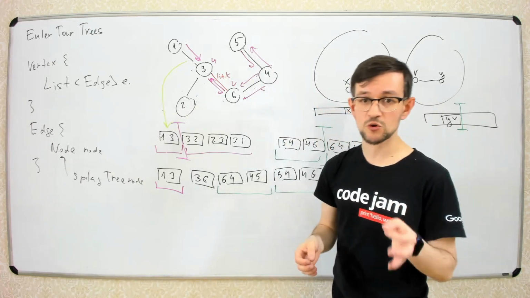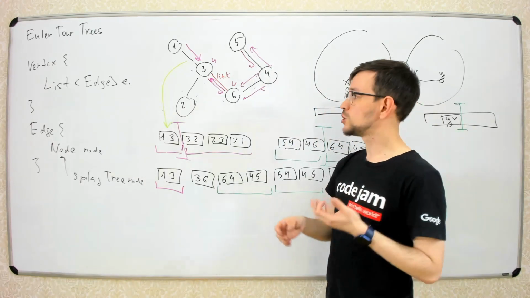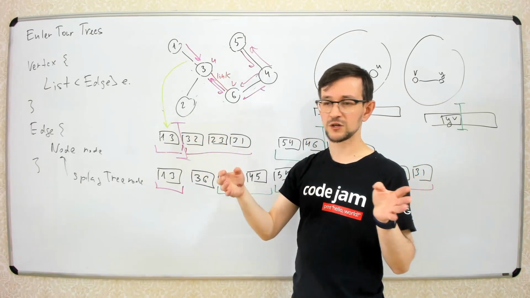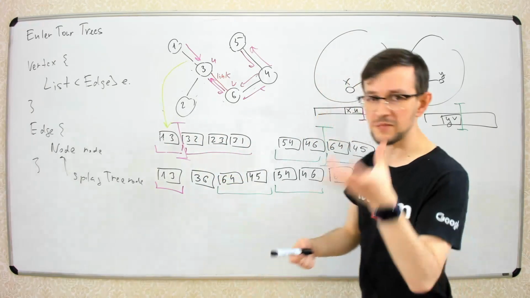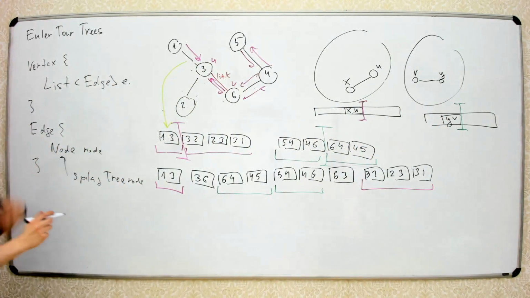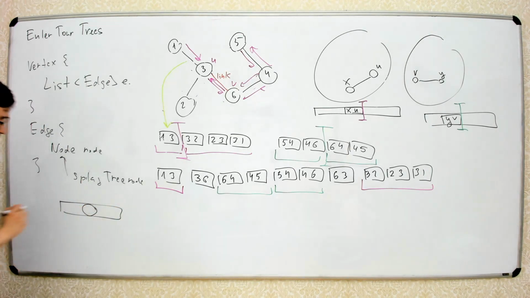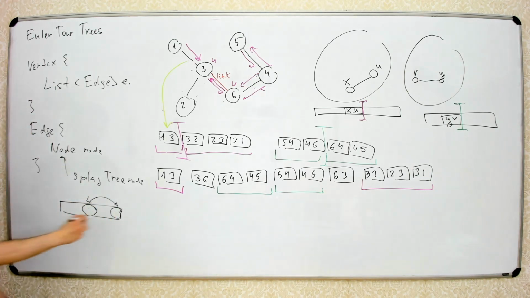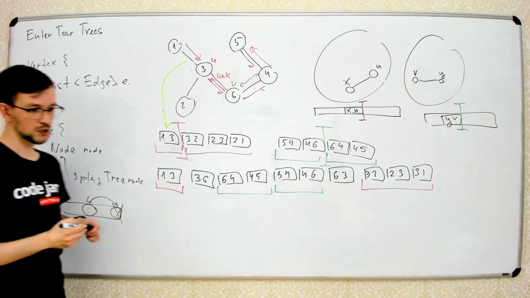If you use vectors, you also can remove from the vector because you don't care about the order of these edges in this list. So if you use array list like in Java and you have this edge in the middle, when you want to remove this, you simply swap it with the last element of the list and then remove this last element.